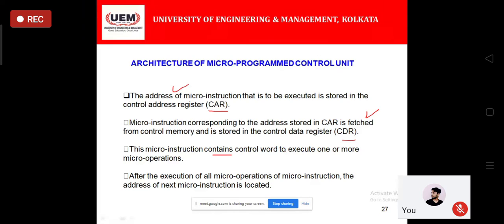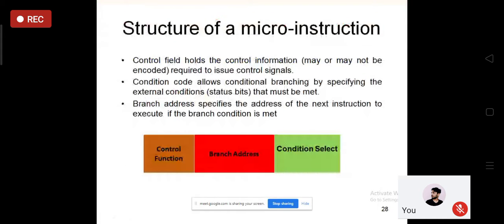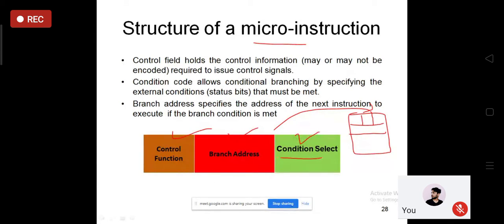Now, if you think about the structure of the microinstructions, within the control memory some microinstructions are stored, like this. There are basically 3 fields you can find: the condition field, the branch address field, and so on.